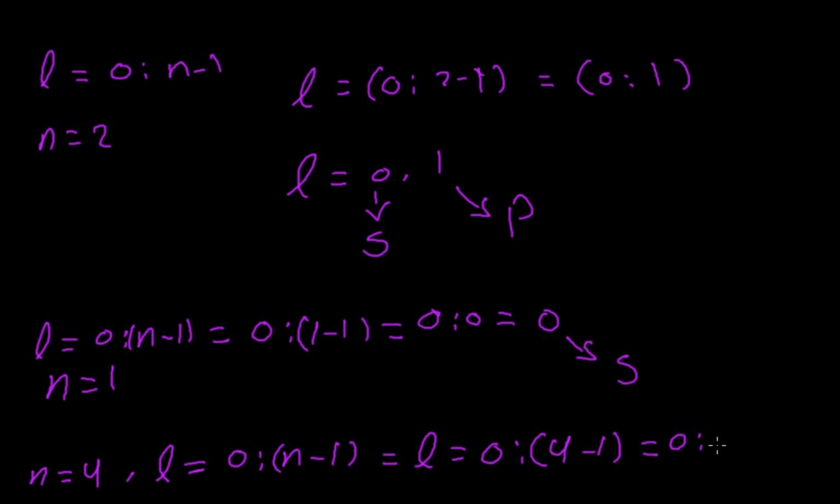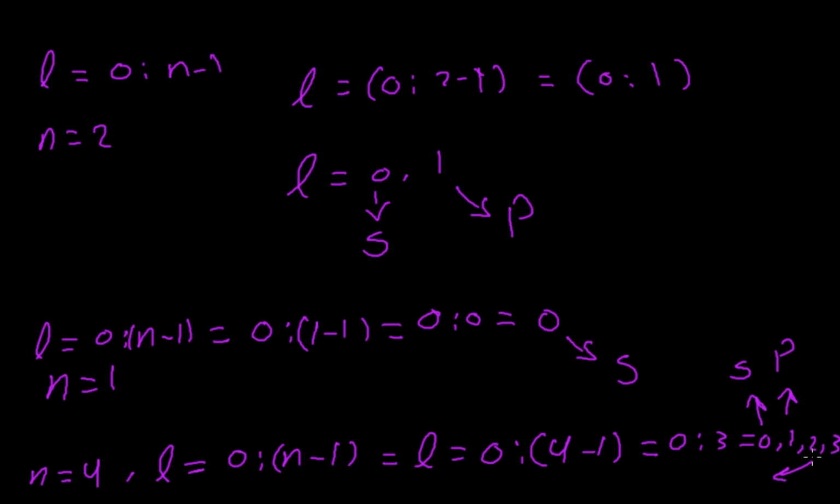That means 0 till 3, so you have 0, 1, 2, and 3. You have 4 sublevels, right? When the L value is equal to 0, that means you have an S sublevel. And when L is equal to 1, that means you have a P sublevel.